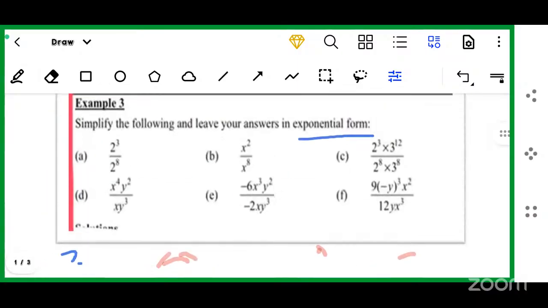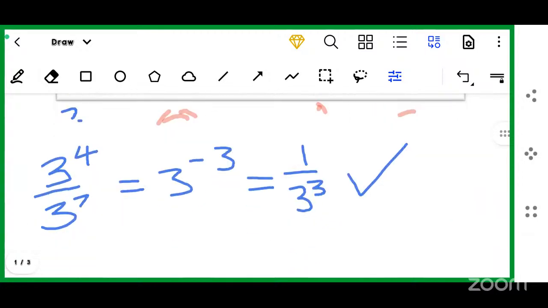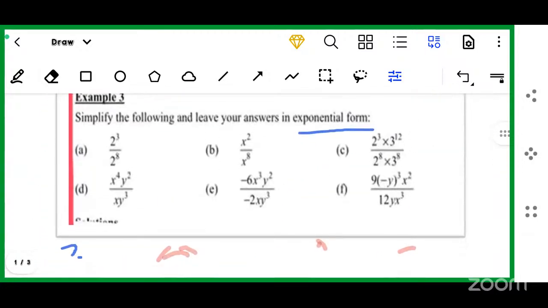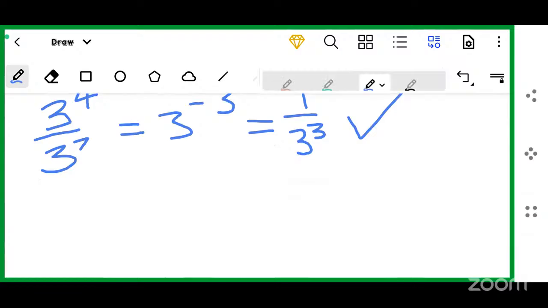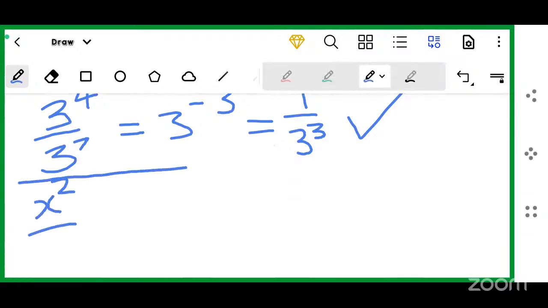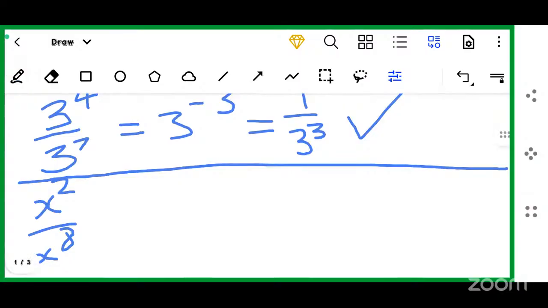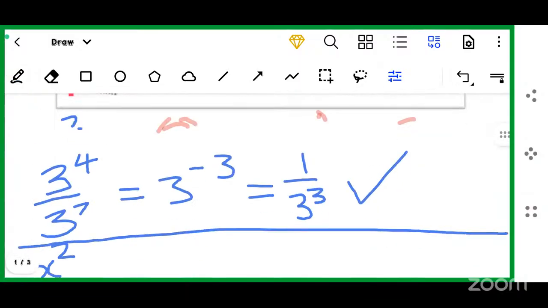So let me do the second one with you. We have B that says x to the power of 2 over x to the power of 8. Similar to the numbers, x over x are regarded as similar bases. So you copy your x to the power of 2, divide by, let me include the line there, x to the power of 8. Let me confirm, and yes, it's correct.